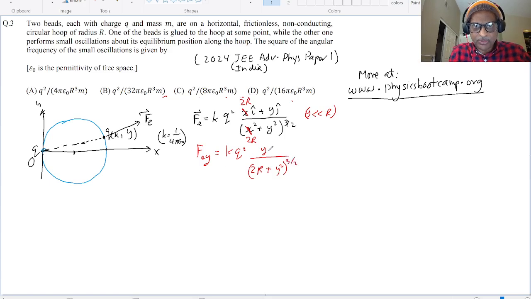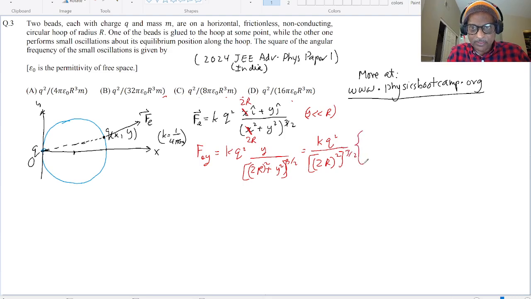Let's pull 2r out. So you have k q square over (2r) square to the 3/2.